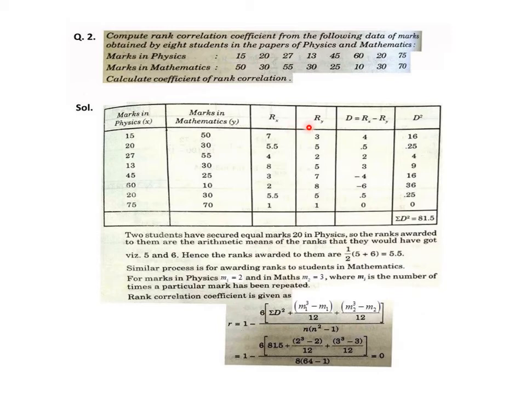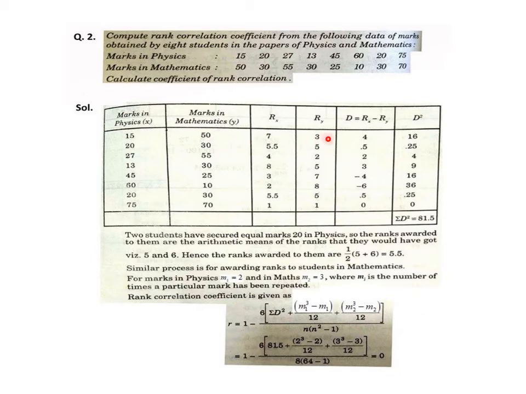Assuming Rx is done, now Ry in mathematics. What about the top score? 70 there, first rank. Then the next score is 55 out of all these, second rank. Then what about the next score after 55? It's 50.